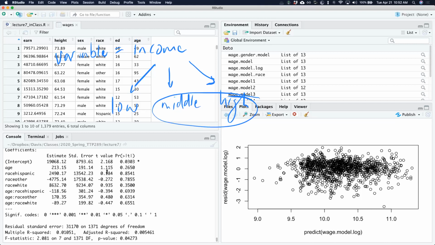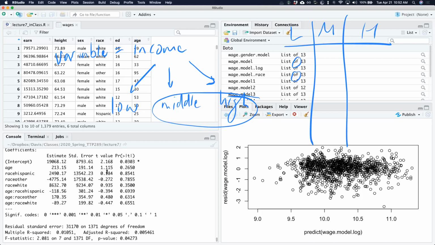Going back to the table, you would have low, medium, high, and then suppose it was like 0, 0, 1, and then something like 0, 1, 0.